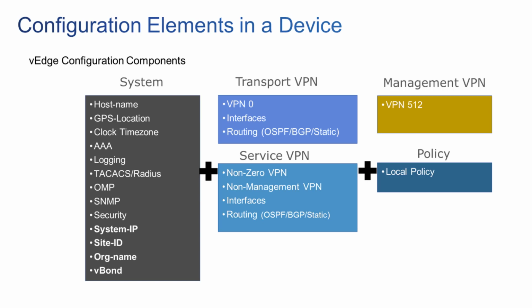Then we have the transport and management VPN templates, which include the templates that are used to configure VPN 0 and VPN 512. It also includes things like BGP, OSPF, the VPN interfaces, VPN interface cellular, VPN interface GRE, and also the VPN interface PPP feature templates, which we're going to take a look at a little bit later on.